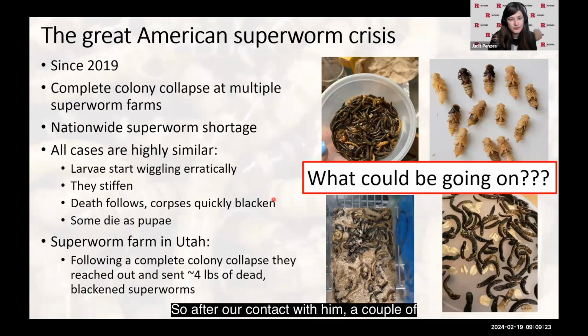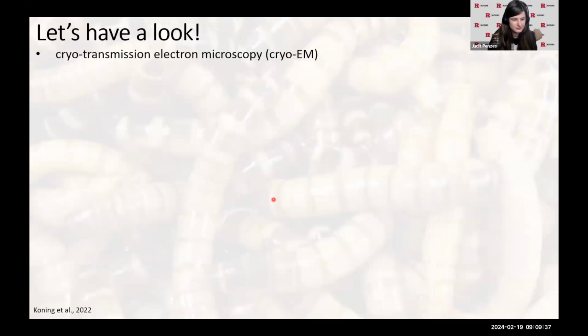So after our contact with him, a couple of days later, we ended up with about 4 pounds of oozing, stinky black superworms in our post box at IQB at Rutgers.